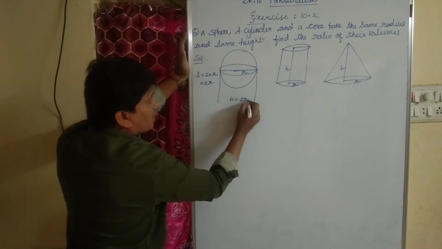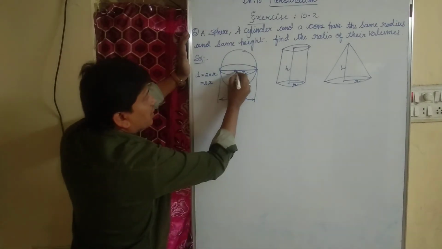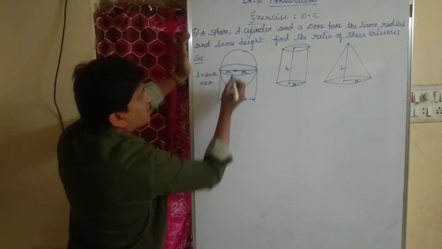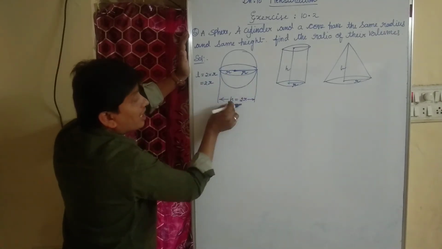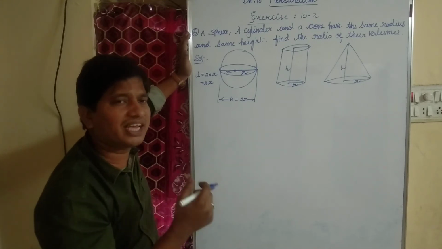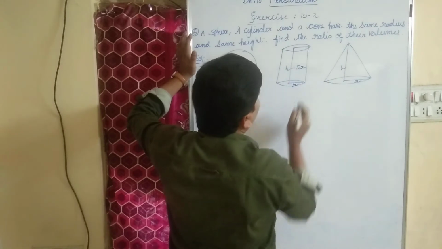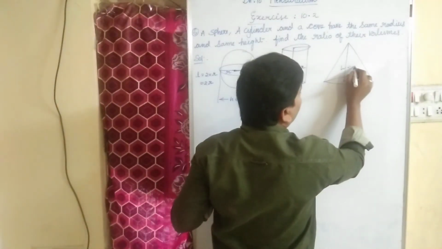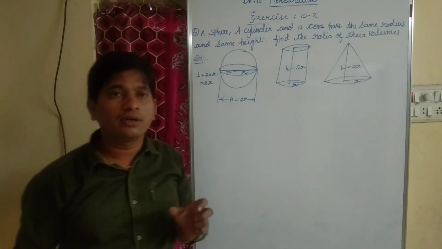So the height of the sphere is 2r, because from the center to any point on a circle is called radius, r plus r, which will become 2r. Because they have the same height, the height of the cylinder is also 2r, and the height of the cone is also 2r. So that is the most important point.